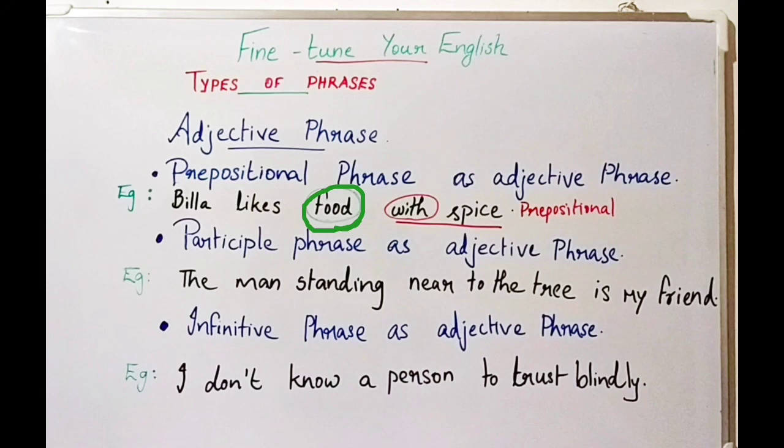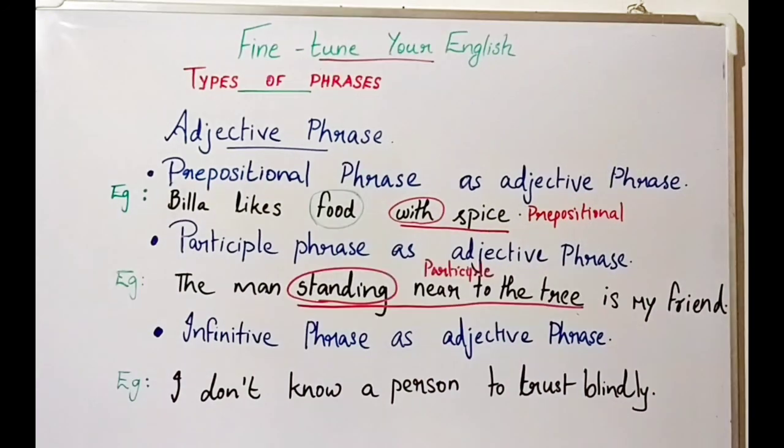Then the next situation, a participle phrase can also be an adjective sometimes. See the example given here. The man standing near to the tree is my friend. Here, standing near to the tree is a participle phrase because it begins with the present participle standing, the ing form of stand.